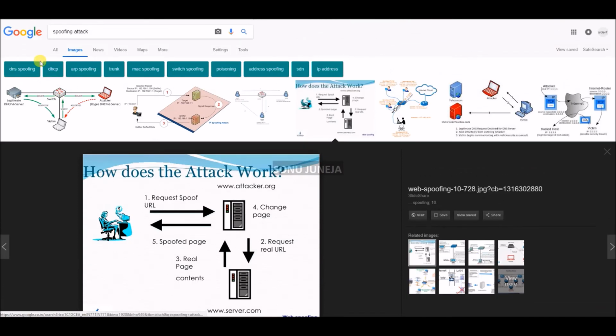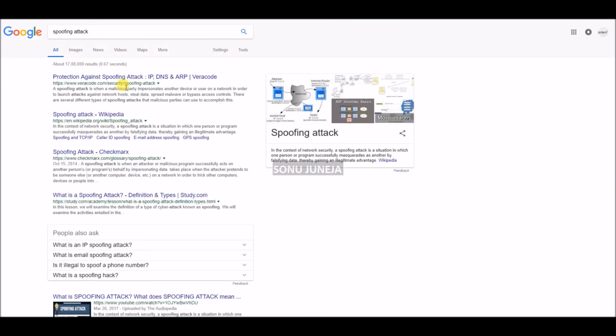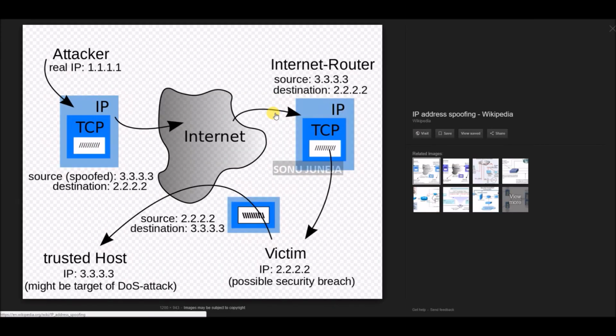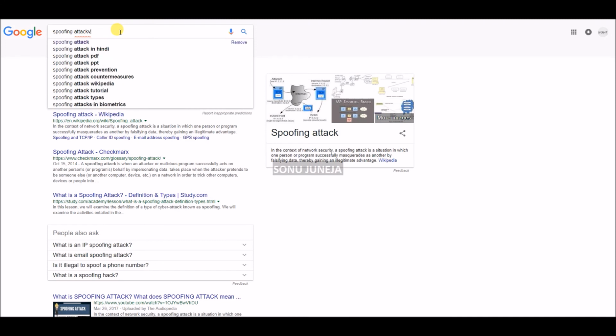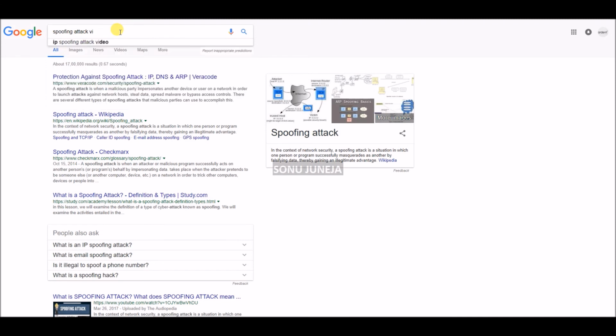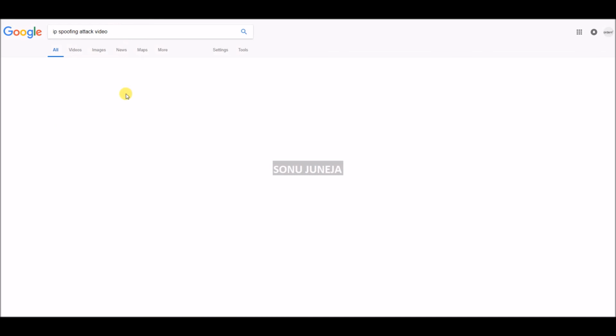The attacker goes through the IP address on the internet, then the router, and victimizes the trusted host. Or let's go to a YouTube video on spoofing attacks. Let me show you.